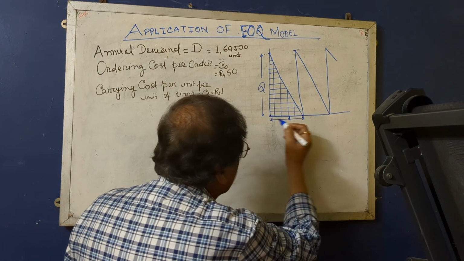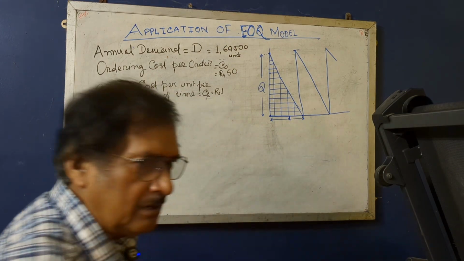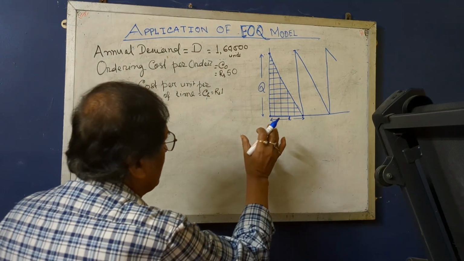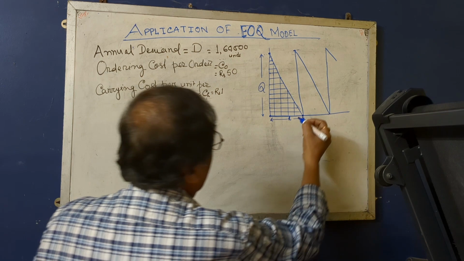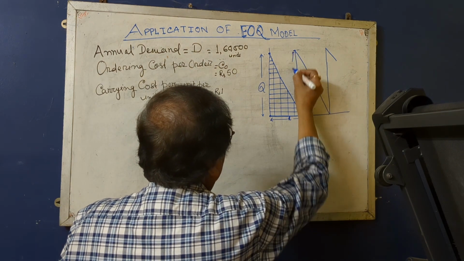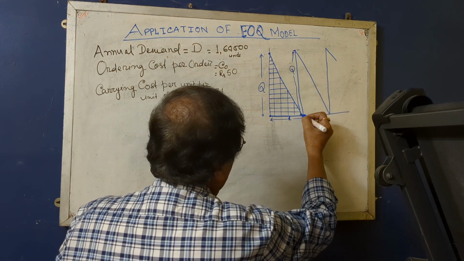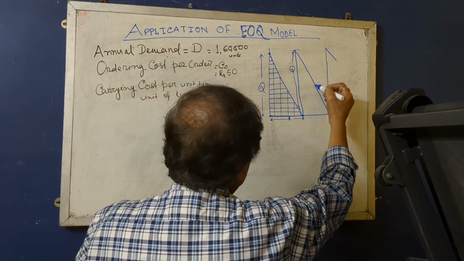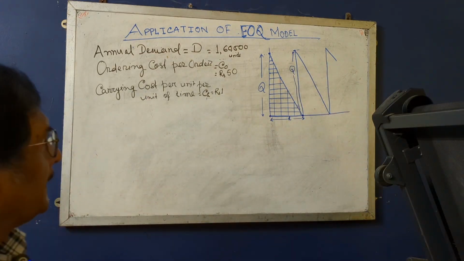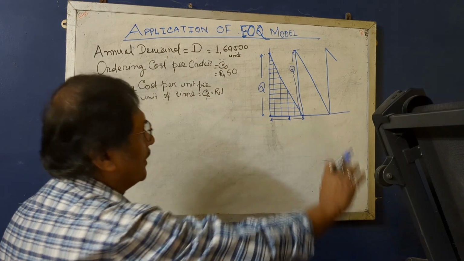At this point, after say this time interval T, which is also required to be calculated in this problem that I will mention later, here again another lot of Q. You are placing an order of Q quantities. The same height is taken and uniformly it is being used. Okay, and this is the shape of the model.